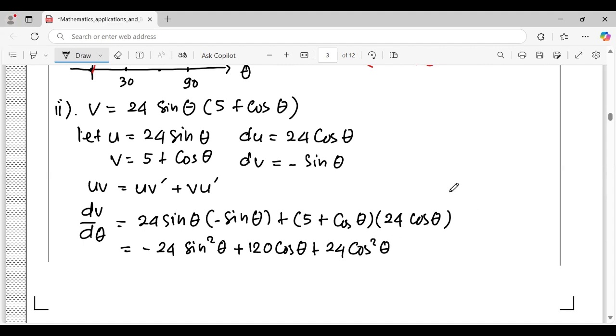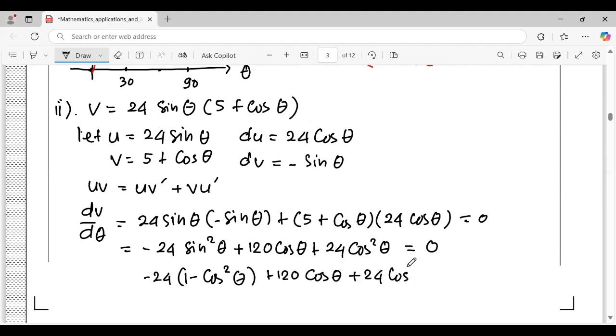Okay, if you are going to find the maximum, it means the derivative with respect to theta should be equal to 0. I would like to change the sine squared theta, so it becomes minus 24 times (1 minus cosine squared theta), according to the trigonometric identity, plus 120 cosine theta plus 24 cosine squared theta equals 0.